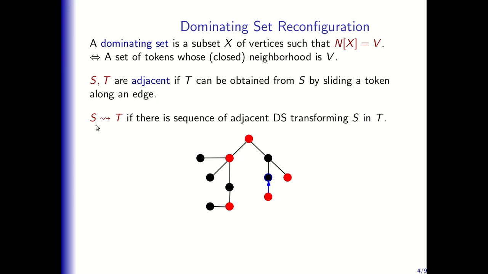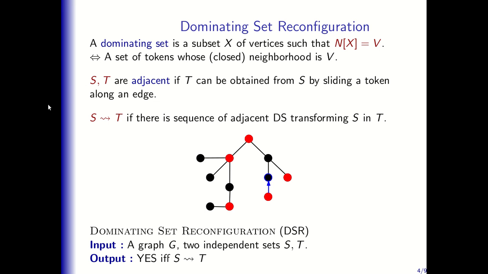And we will say that there exists a transformation from S to T if there exists a sequence of adjacent dominating sets transforming S into T. And the problem now is, okay, given a graph G and two dominating sets S and T, is it possible to transform S into T?